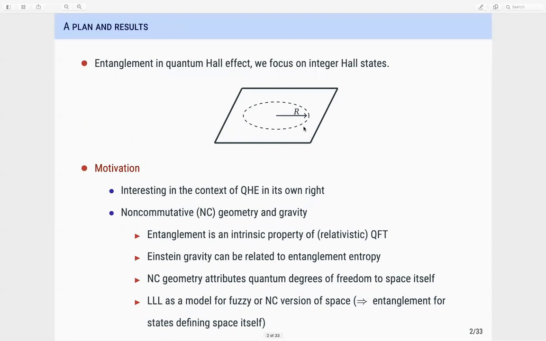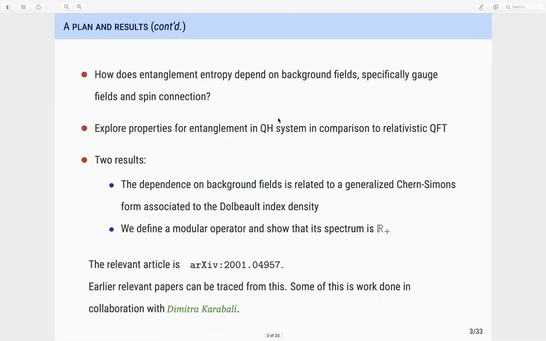Or you can put this on a curved manifold. You have the spin connection. You can change the spin connection and ask, how does the entanglement entropy change? This is one of the key questions. And I also want to look at some other properties of entanglement in the Hall system in comparison to ideas from relativistic field theory.